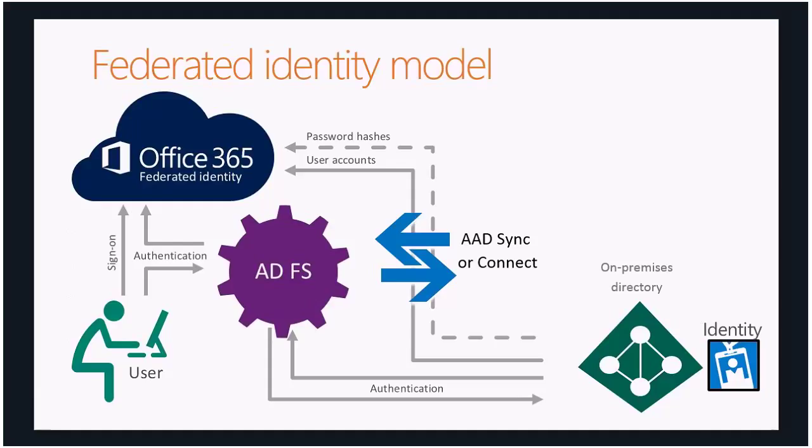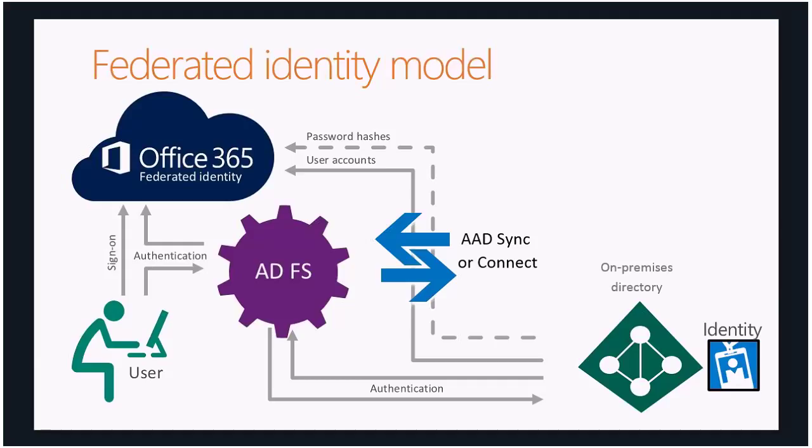Office 365 will say, well, we don't authenticate this. I need to pass that off to the local AD to authenticate the user. It passes that off via ADFS. The local AD verifies that identity, says that it's valid, passes a security token back through the ADFS service to Office 365, which then grants users access to the Office 365 service.